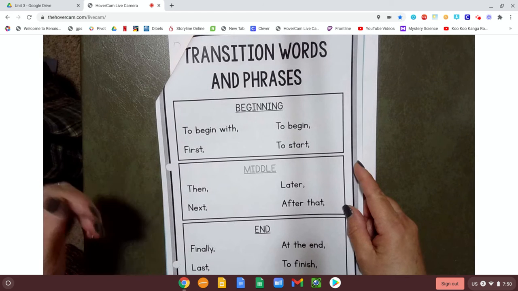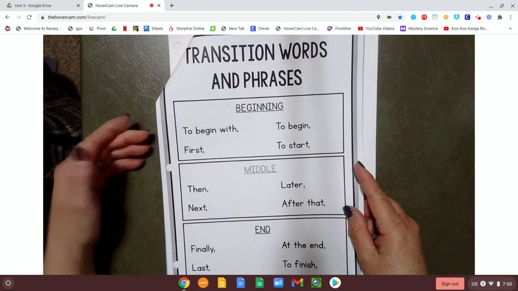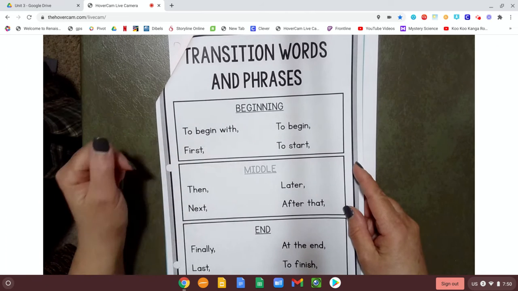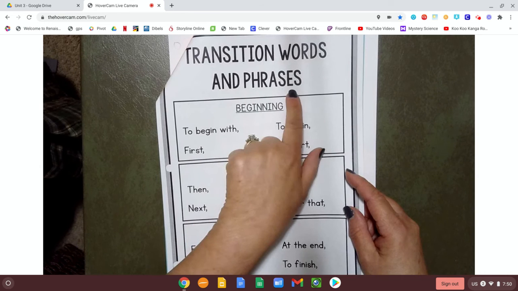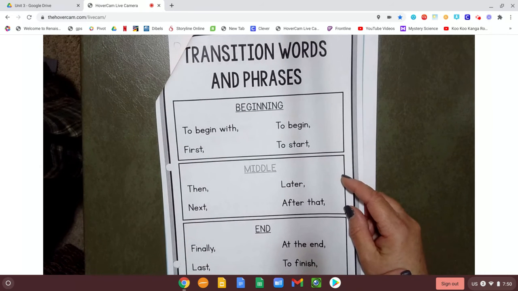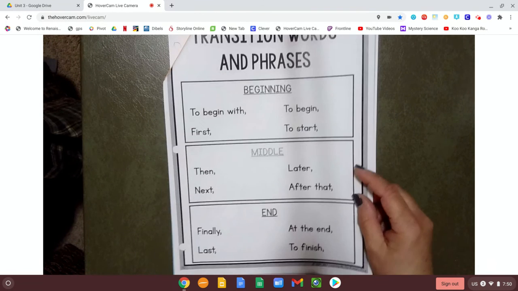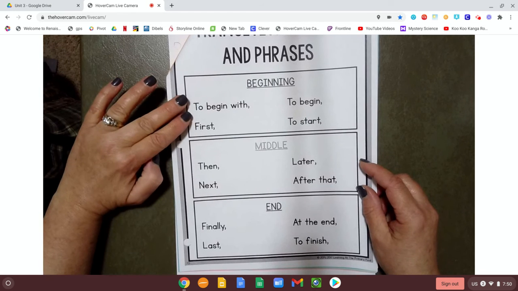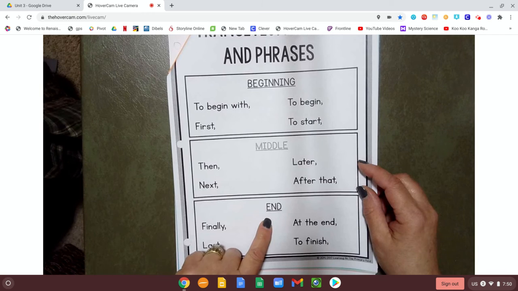It's trying to put your steps of your writing in the correct order, and you want to transition from one step to the next. But this page also has some phrases that you can use. Phrases are more than one word in a group that will help you transition. And this is divided into three sections: the beginning, the middle, and the end.